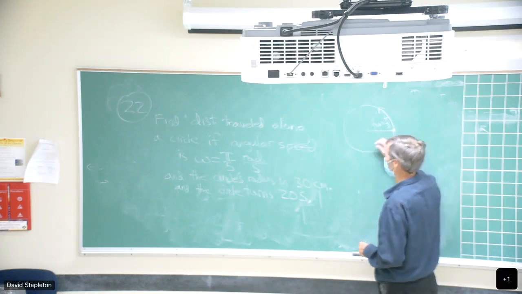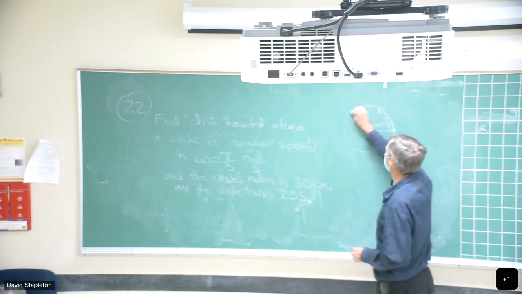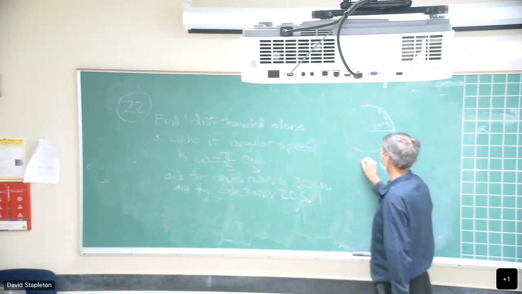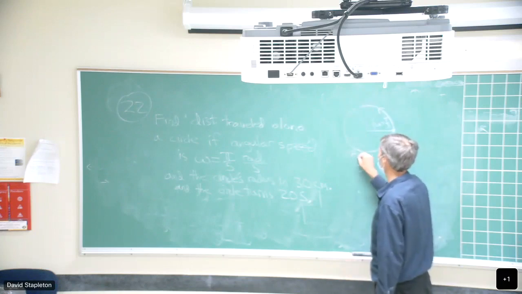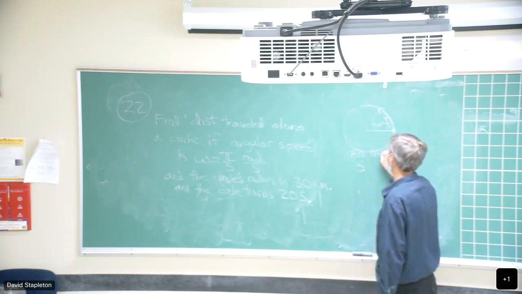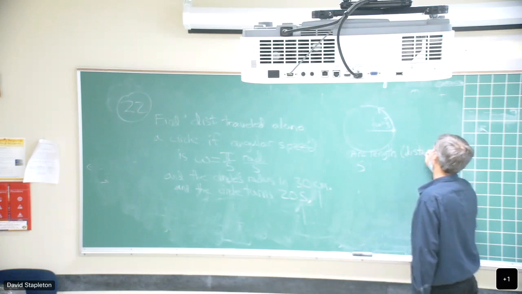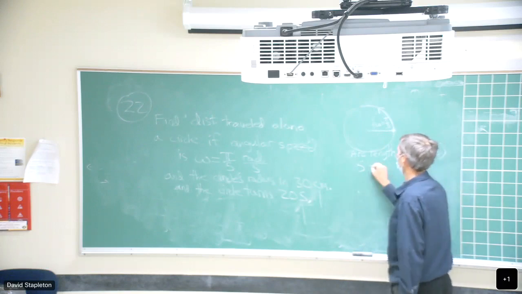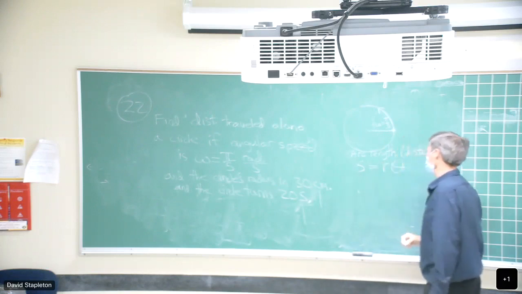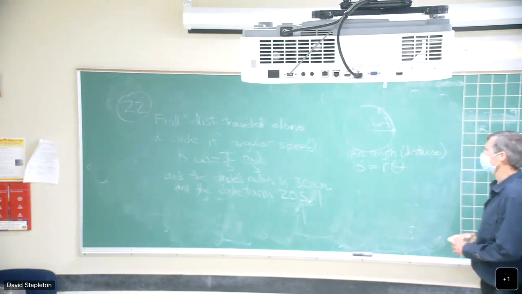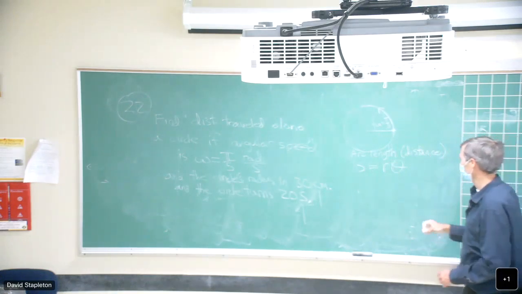What are we trying to do when we find out how far it turns? We're finding the arc length going around and around a circle. So the arc length S, that's the distance traveled, is the radius times the angle it turns through, right? Well, what's the angle it turns through?